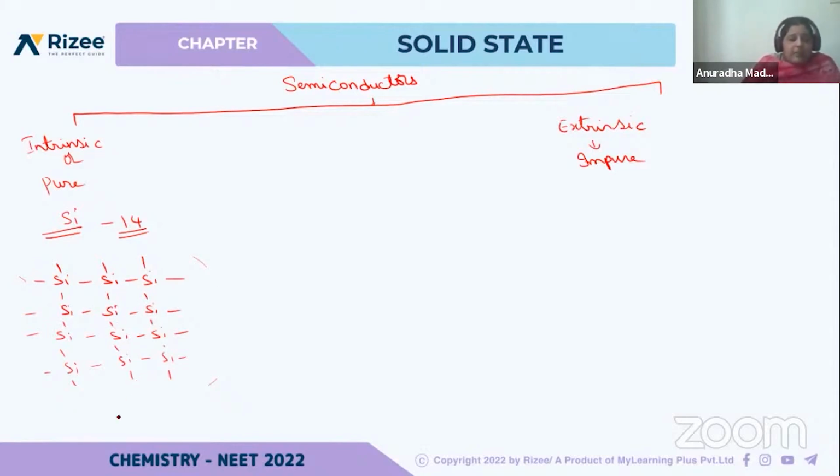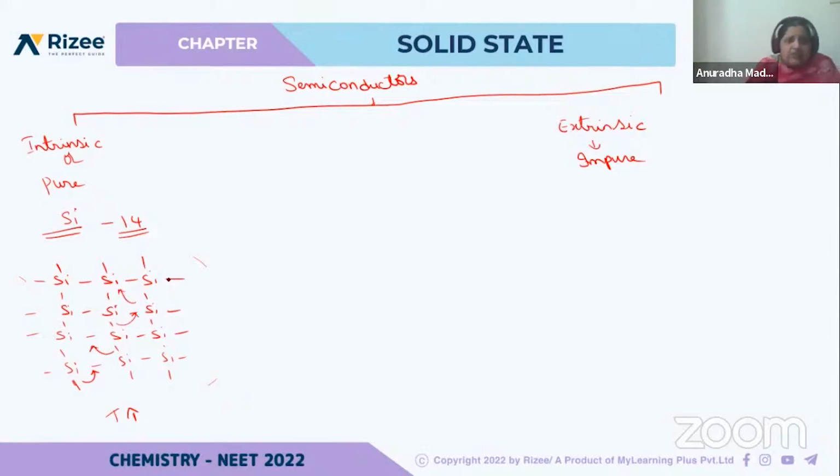If the temperature increases, then what happens? Electrons start shifting from one position to another position, from lower state to higher state. So here I am increasing the temperature, so the electrons are going to shift from here to here, and then here to here, from lower energy to higher energy as I am increasing the temperature.